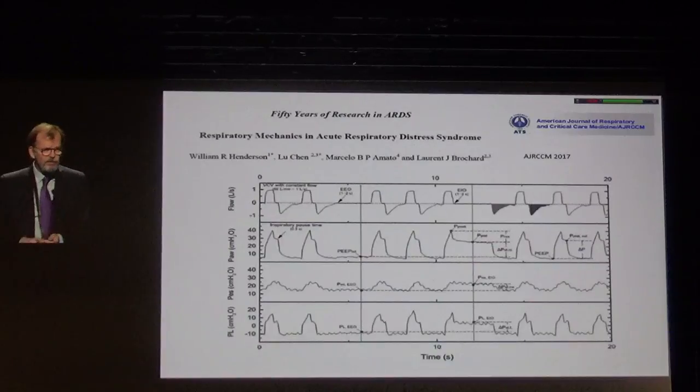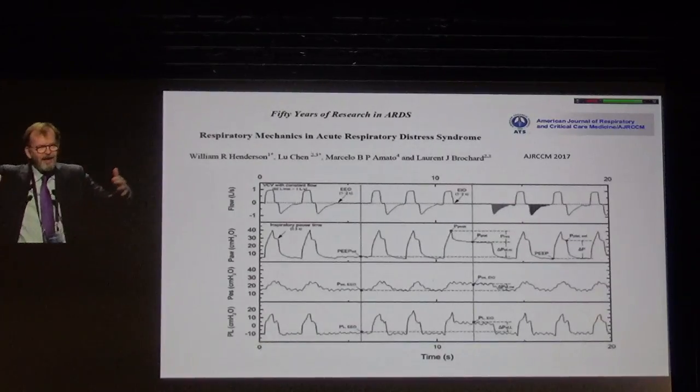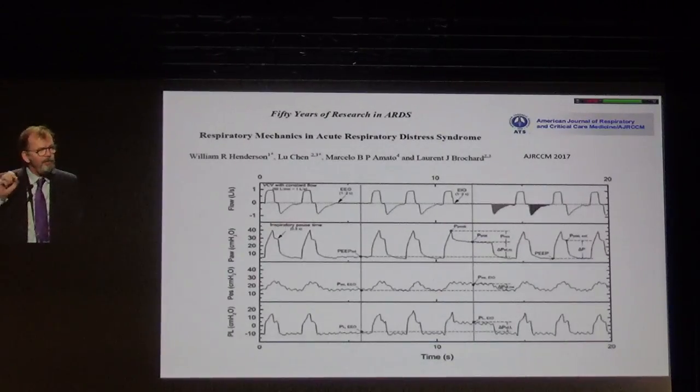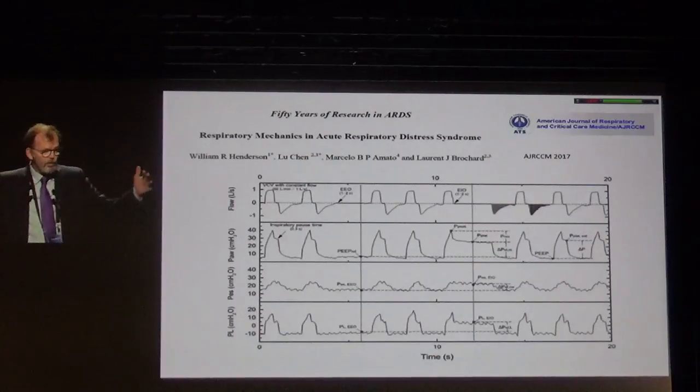And this is because the swing in airway pressure reflects the pressure generated to move both the lung and the chest wall, whereas the amplitude of the esophageal pressure only reflects the part due to the chest wall. So this is the basis of subtracting the part due to the chest wall to get an idea of what's distending the lung.